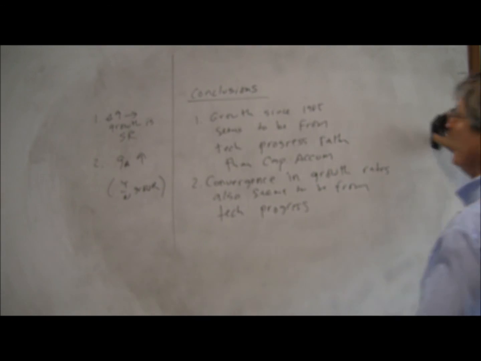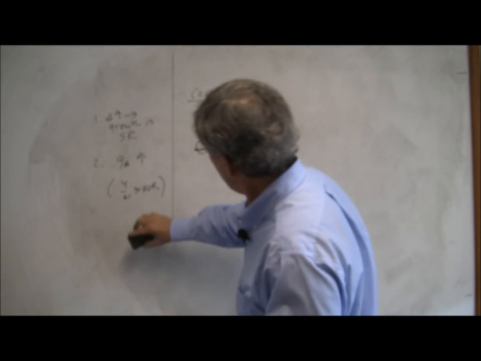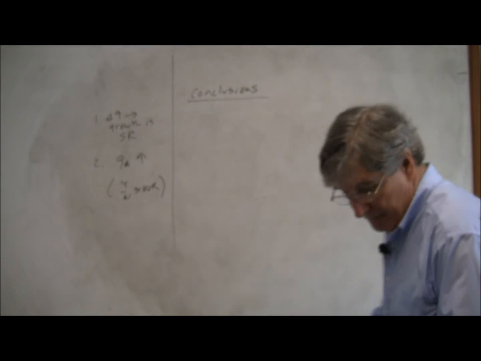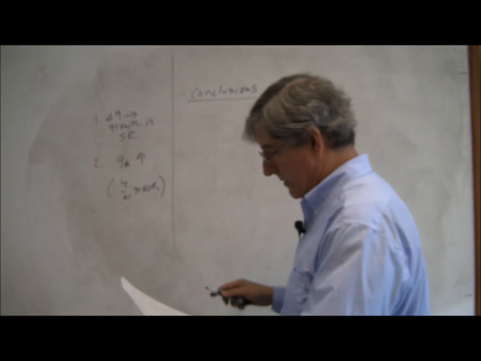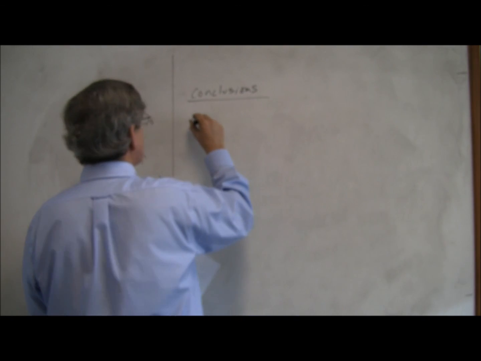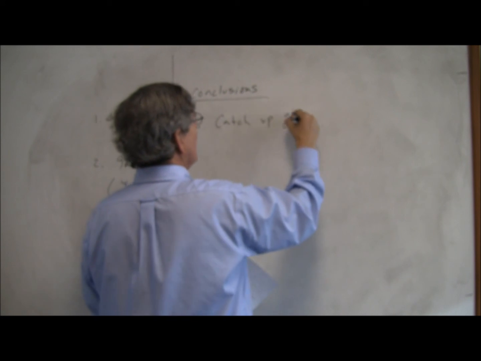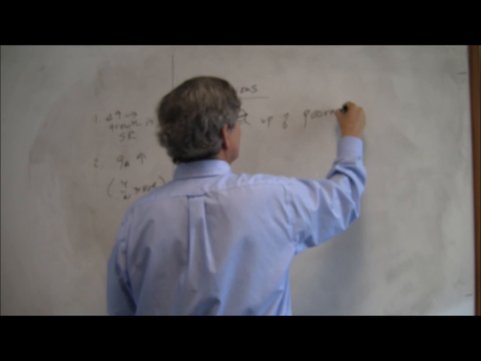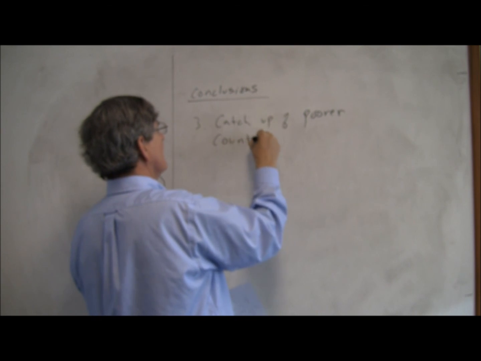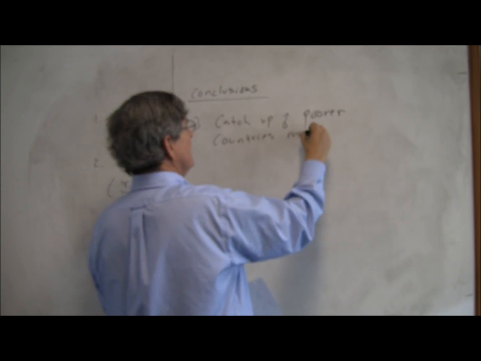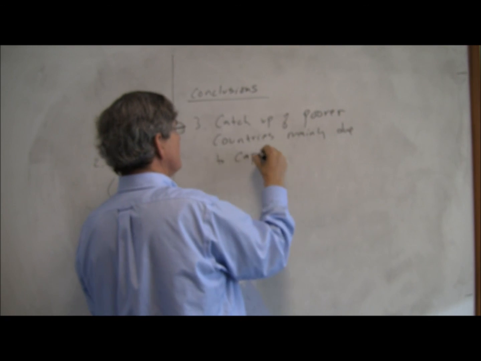Now the third thing, so those are for developed countries. Catch up of poorer countries like China and India, their progress is mainly due to capital accumulation.